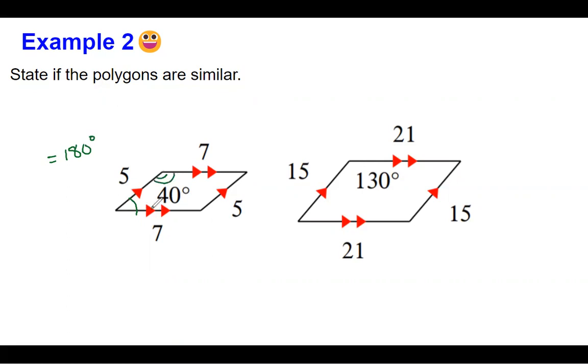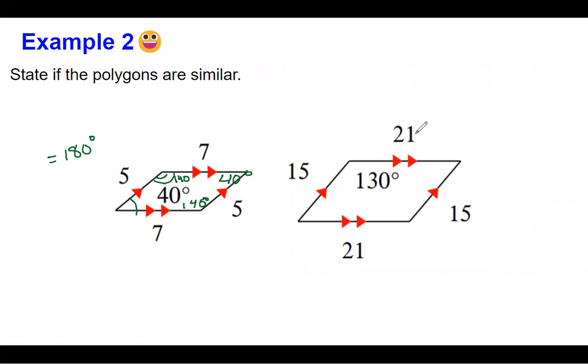So if this angle is 40 degrees, this angle has to be supplementary, so it has to be 140 degrees. The same thing happens with the opposite side. Opposite angles are going to be congruent as well. So this one's 40 degrees and this one is 140. So in a parallelogram, opposite angles are congruent and consecutive angles are supplementary.